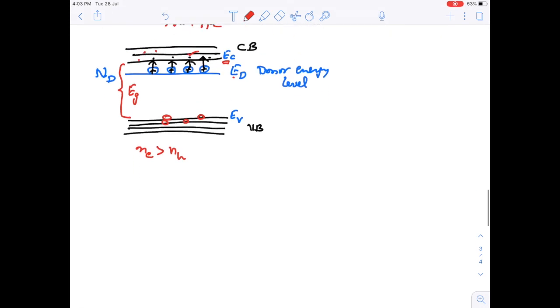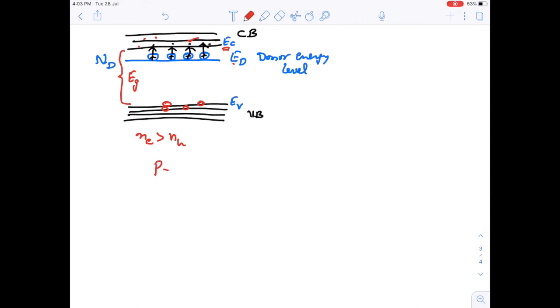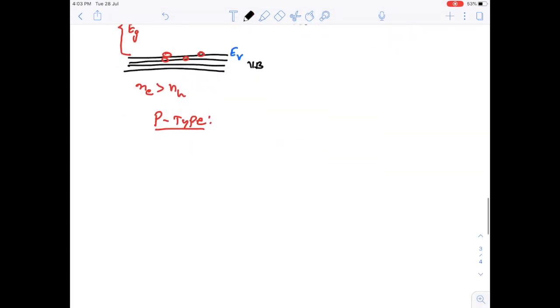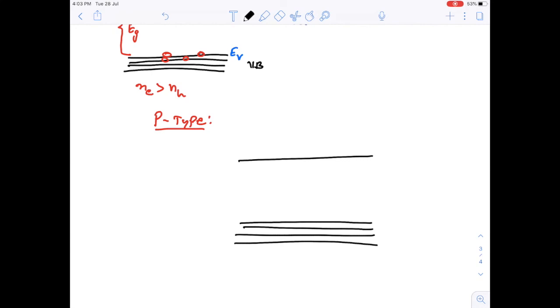Now let us understand the same thing for P-type. Now when I take the diagram, I have once again valence band energy levels and conduction band energy levels.